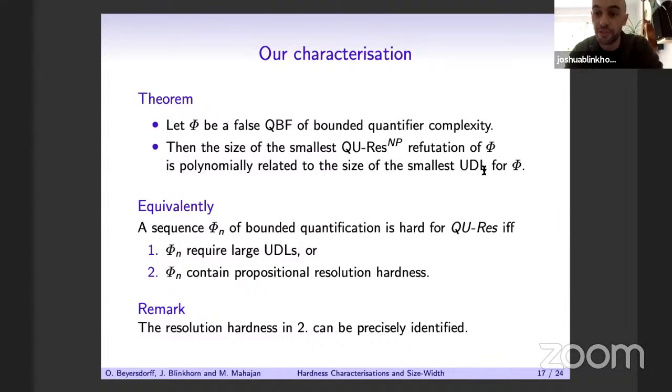And UDL is a circuit class, basically like decision lists, just with multiple outputs. So again we have a direct link between proof complexity and circuit complexity. The unbounded case we didn't manage to crack, but we do know that this model is not correct for the unbounded case. It's too weak. But it's nice that this works with bounded quantifier rank.